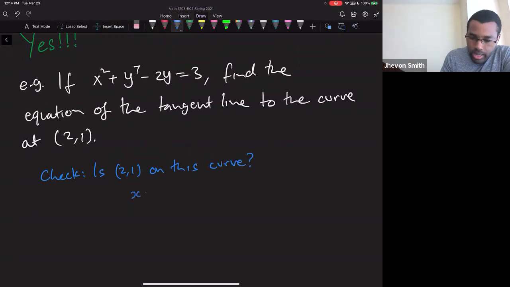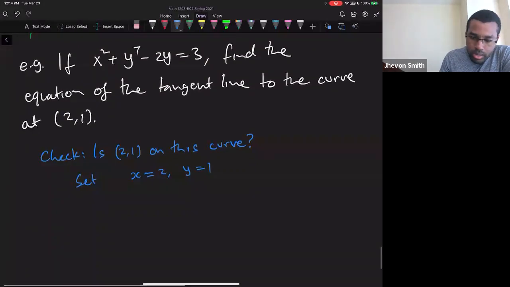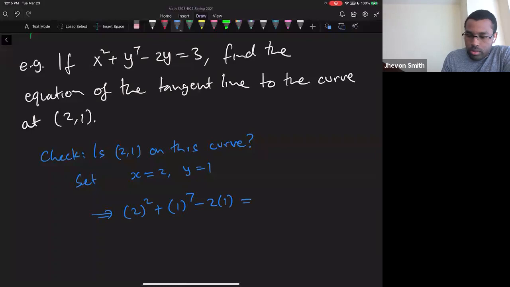Right, so if I set x equals 2, y equals 1, and I plug this in, I would get 2 squared plus 1 to the 7th minus 2 times 1 equals 4 plus 1 minus 2 equals 3. Which is supposed to equal 3. So yes, it is on the curve.